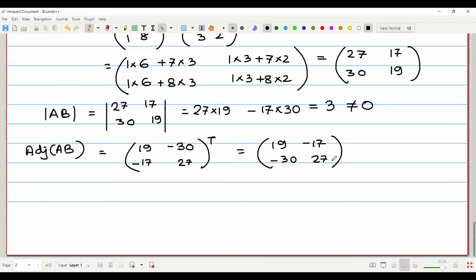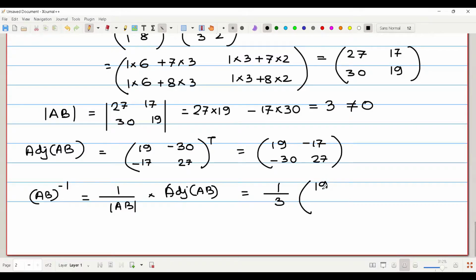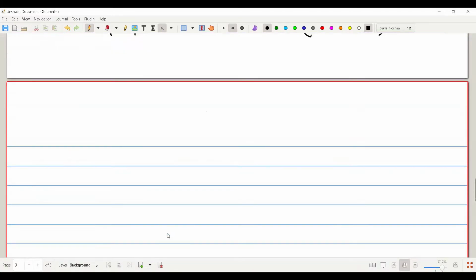So that is our adjoint of AB. So AB inverse is equal to 1 by determinant of AB into the adjoint of AB. So that one is 1 by 3 and 19 minus 17 minus 30 and 27. Let's check what happens with B inverse into A inverse.